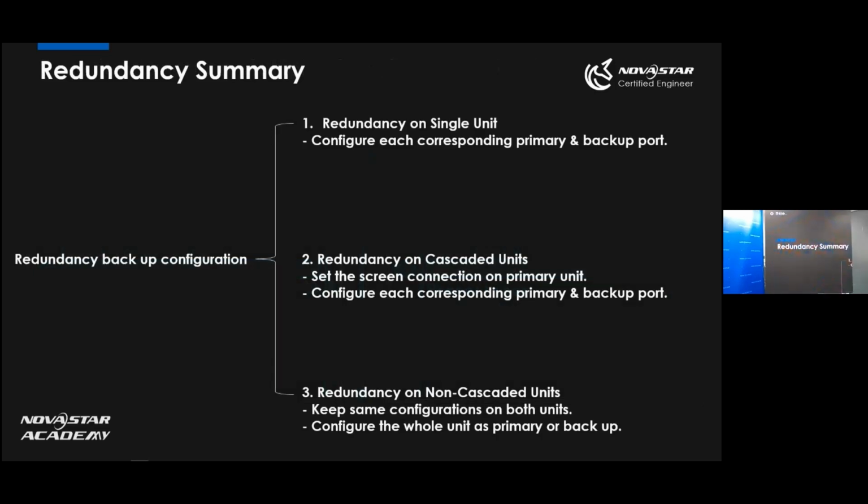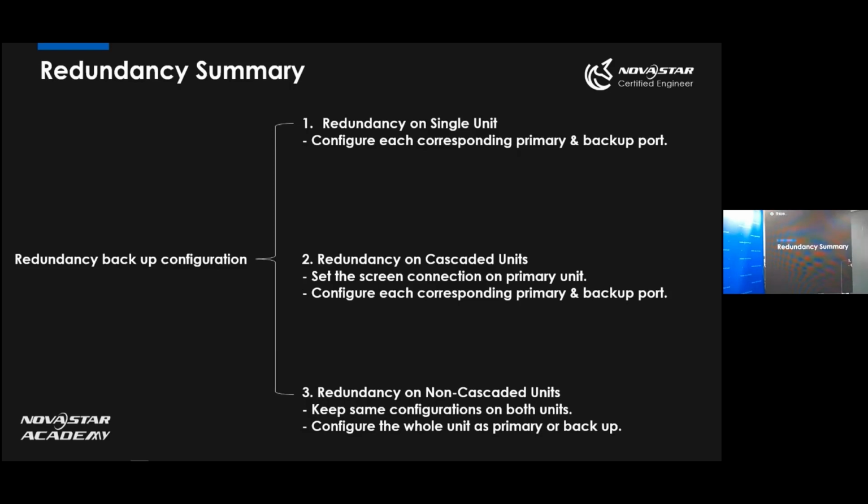So totally, there are 3 different ways to do the redundancy settings. The first one is we do the backup on a single unit. It means we configure each corresponding primary and backup port 1 by 1 in the software. And the second one is we do the redundancy on cascaded units.